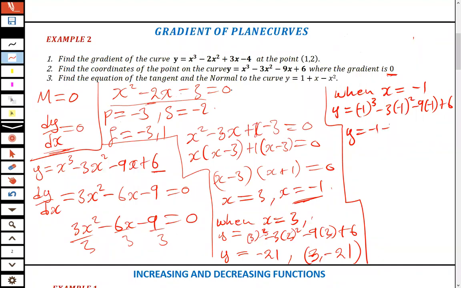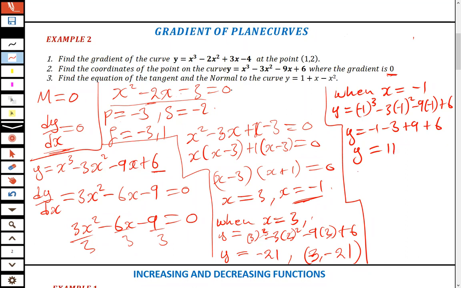This will give us negative 3. Then this part will give us positive 9, then positive 6. So we have negative 4 and 15, which will give us 11.